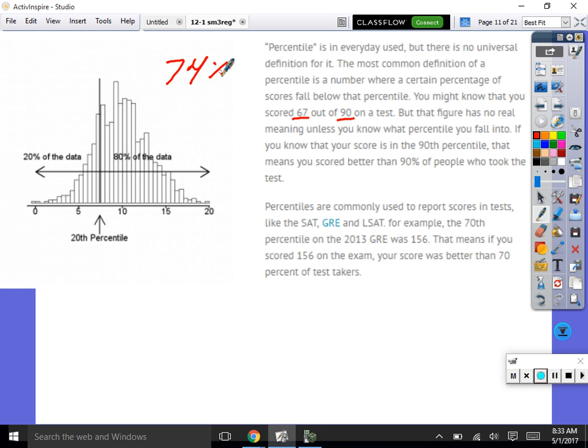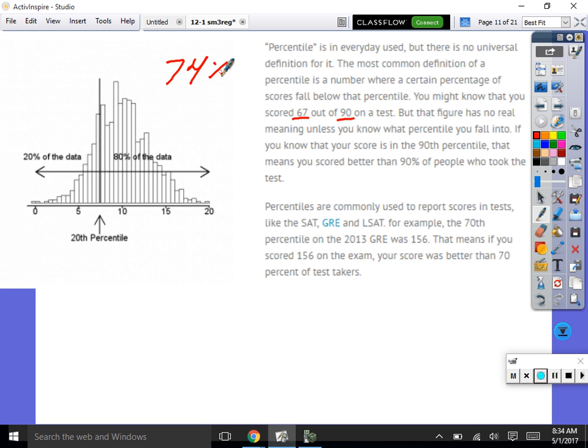So you know that score, 67 out of 90, was dang good. Because 90% of students scored at that score or below that score. So do you see how it doesn't really have meaning until you know what percentile you're scored at? Everybody? Because if you got 67 out of 90, that looks like not that good of a score. But if I say you were in the 90th percentile, you can say, yeah, I did dang good. Okay, everybody understand? Okay, awesome.